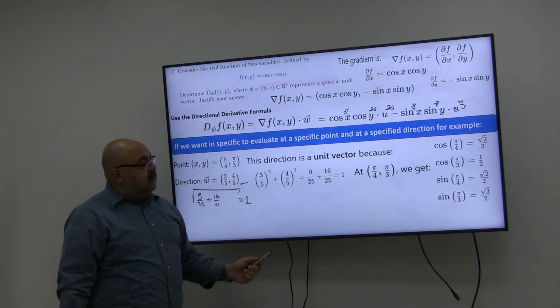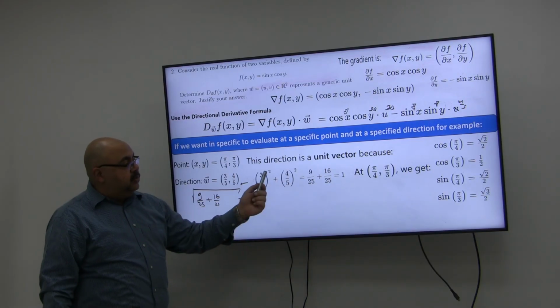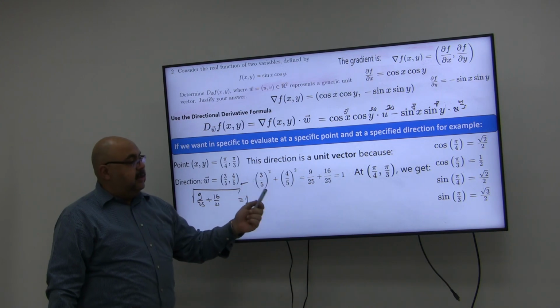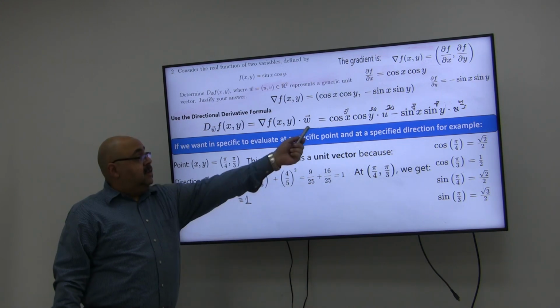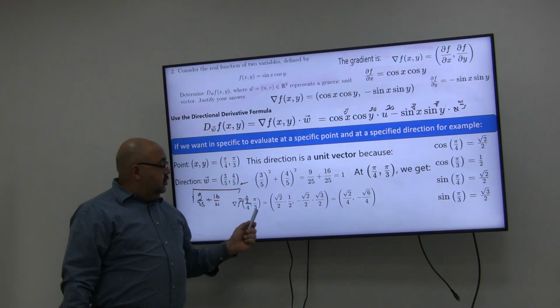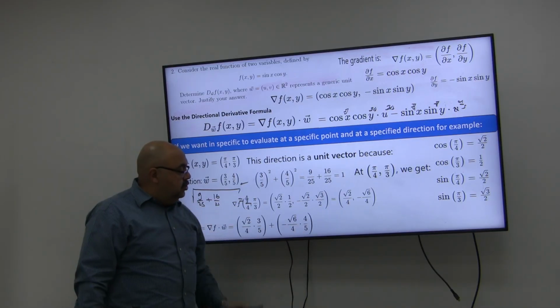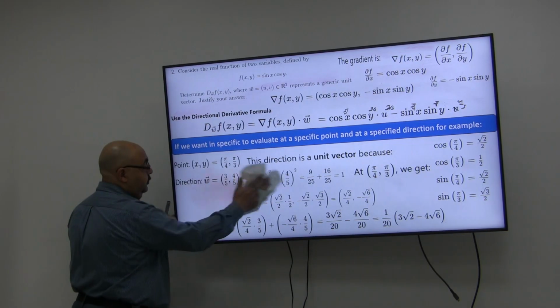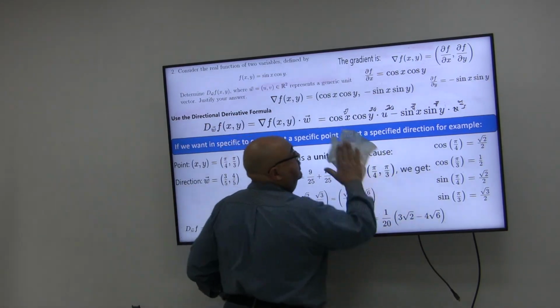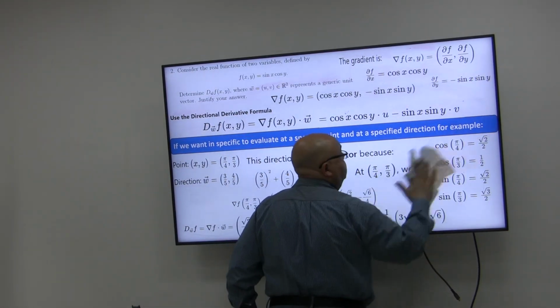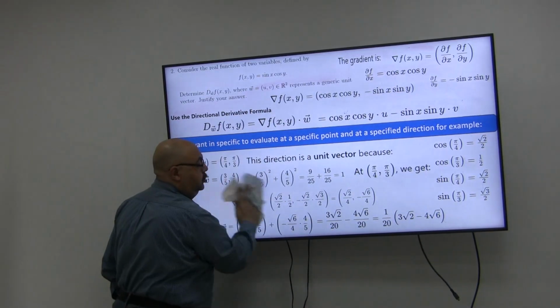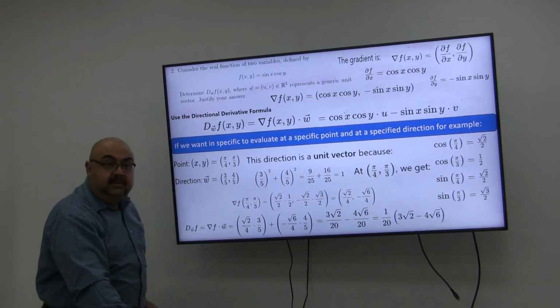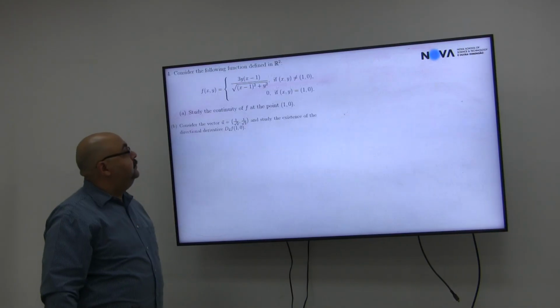The values at pi over 4, those are the values of cosine pi over 4, cosine pi over 3, the values that I'm going to substitute in. Just a direct substitution, and you will get the value of your directional derivative in front of you. It's really a very simple problem, as I told you, but the main issue is to try to solve it by your hand as we did before.